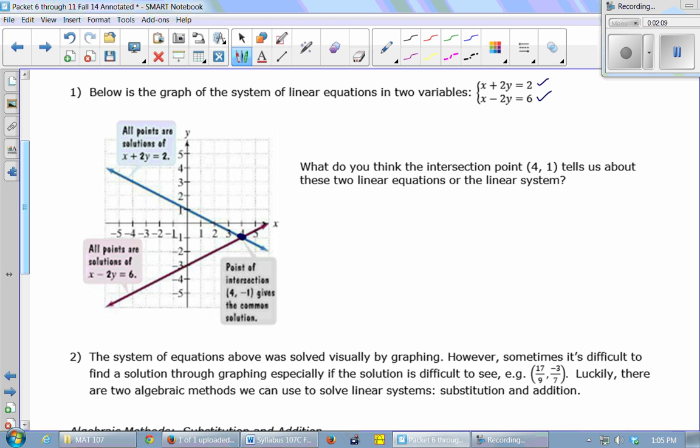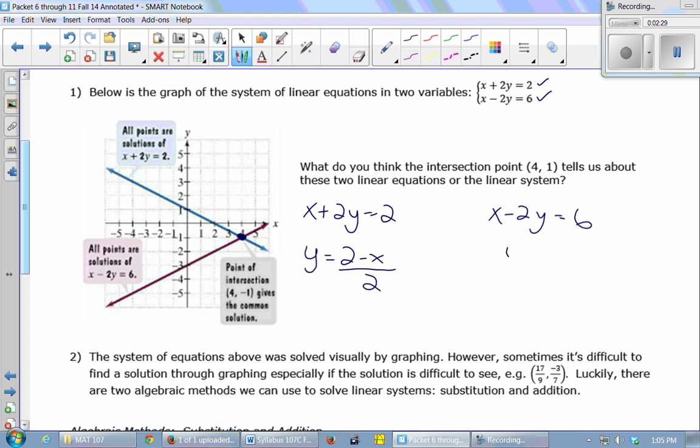So let's say I were to take each of these equations and solve them for y. If I solve this equation for y, I'm going to end up with y equals (2 minus x) over 2.